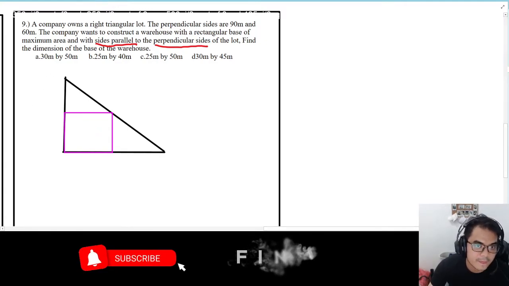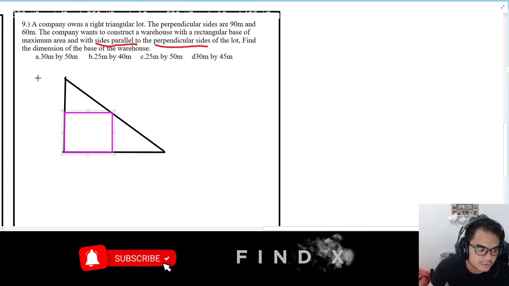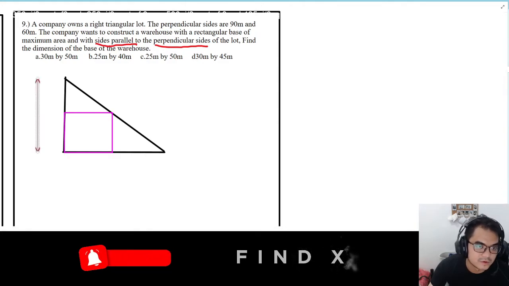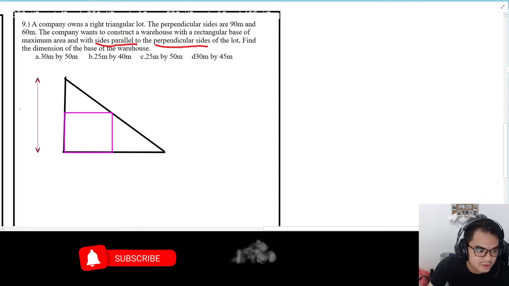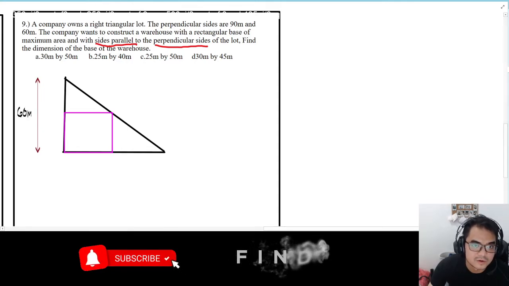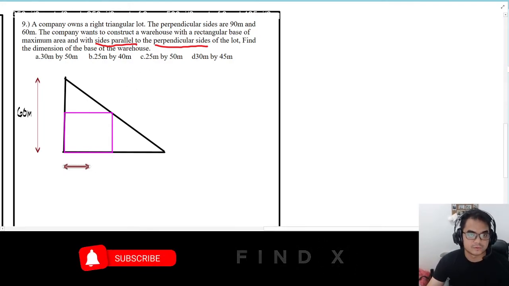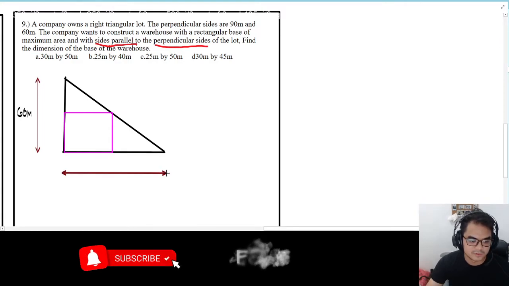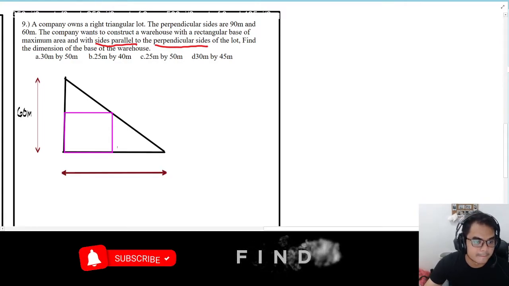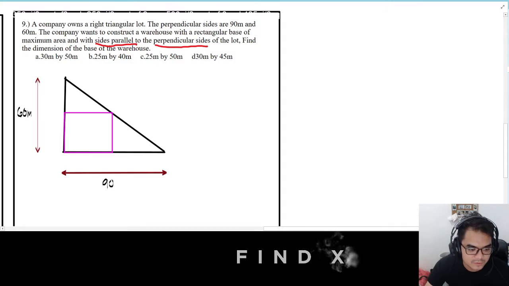So let's have here, let's just say this is your 60. So this is your 60 meters, and then this one is what? This is 90 meters. Okay.